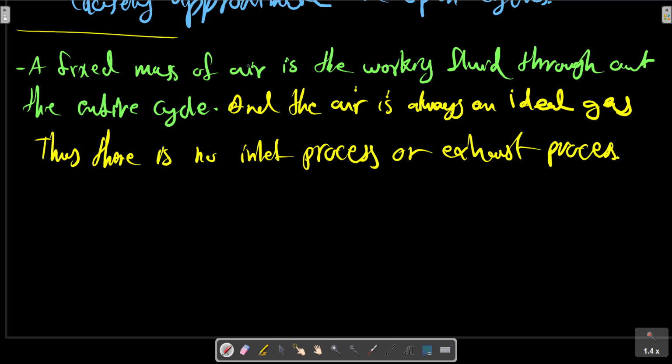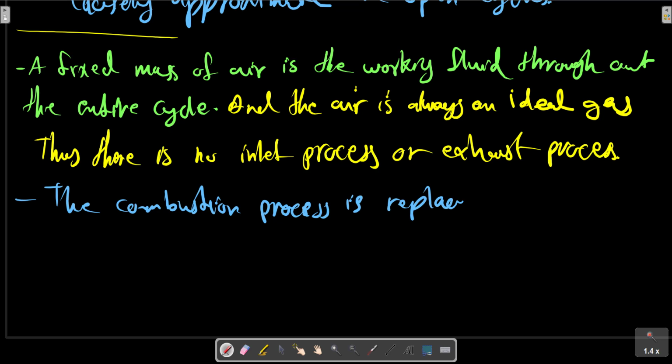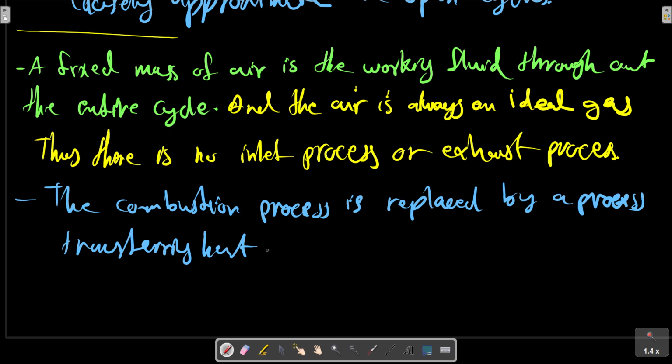The combustion process is replaced by a process transferring heat from an external source.